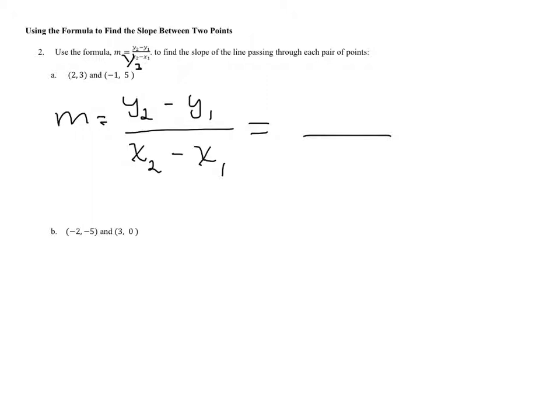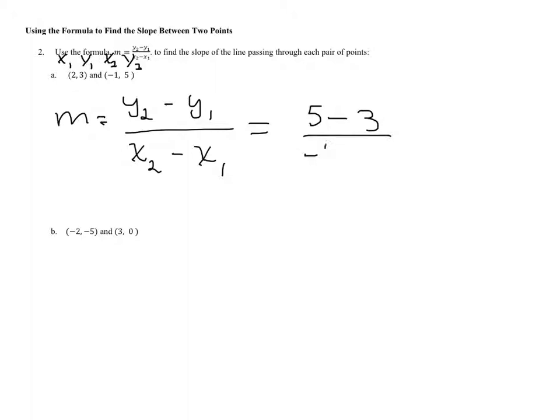And y1 is the y coordinate of the first point. x2 is the x coordinate of the second point. And x1 is the x coordinate of the first point. So now let's pop it into the formula. y2 is 5 minus y1 is 3.